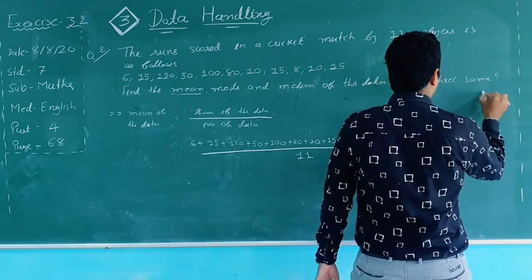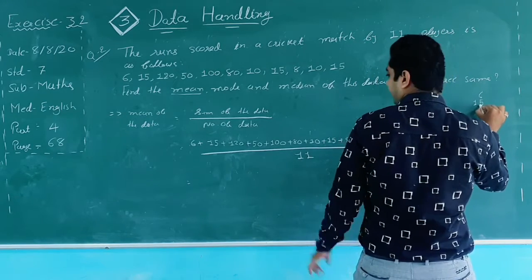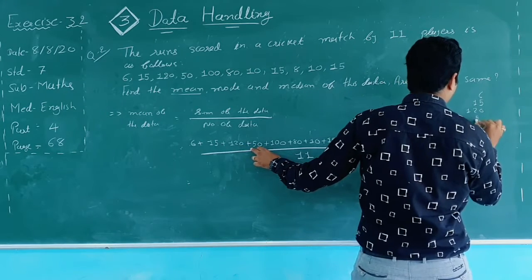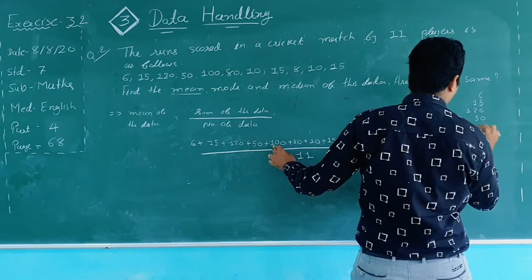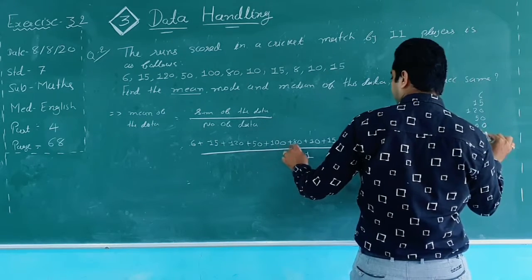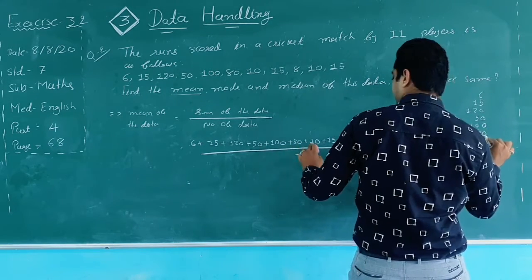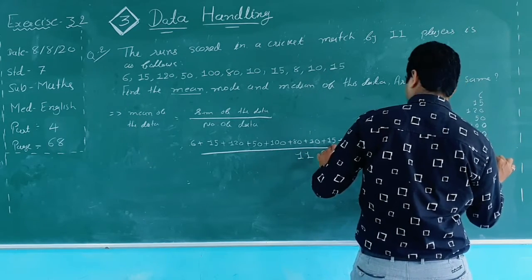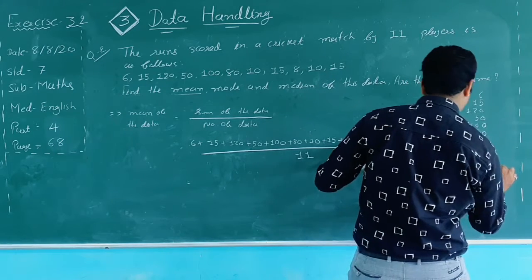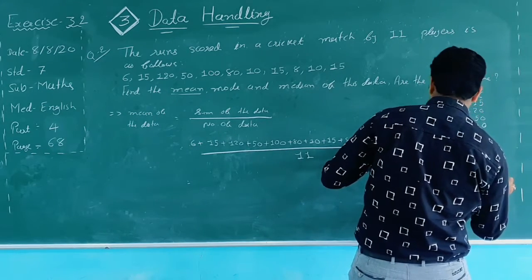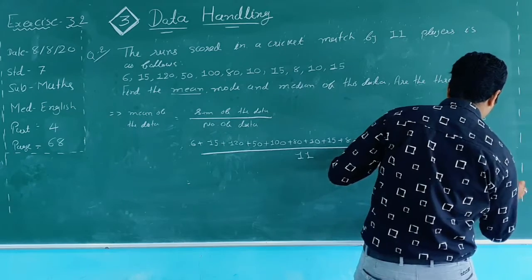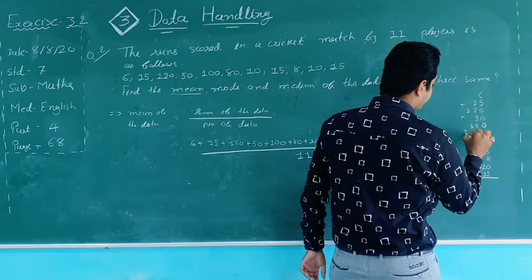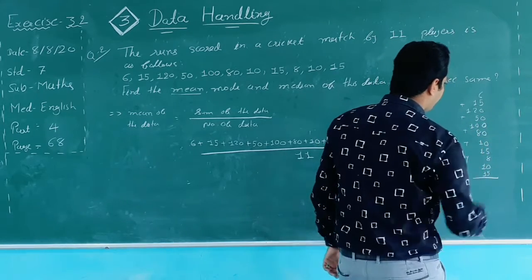First of all, 6, 15, 120, 50, then 100, then 80, then 10, 15, 8, 10 and 15. Now we just have to add them.